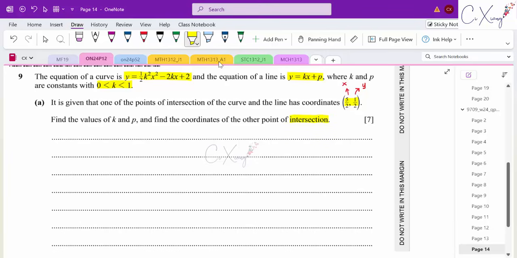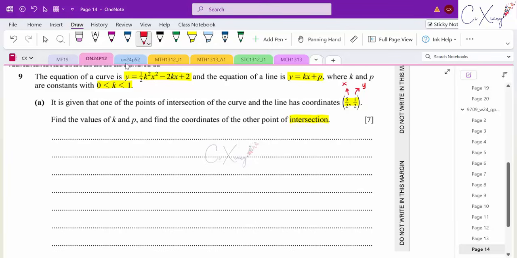First of all, you need to find the values of k and p. If we look at the first equation here, we have x, y, and k. Since we are given the coordinates of x and y on the curve, you can substitute this point into the curve equation and get k easily. So let us start.